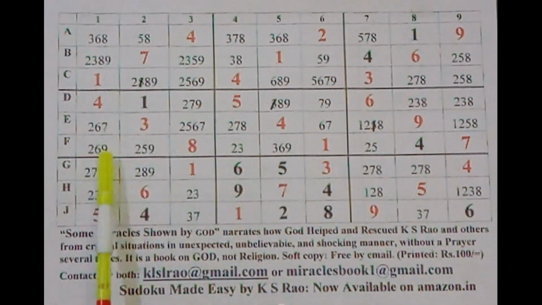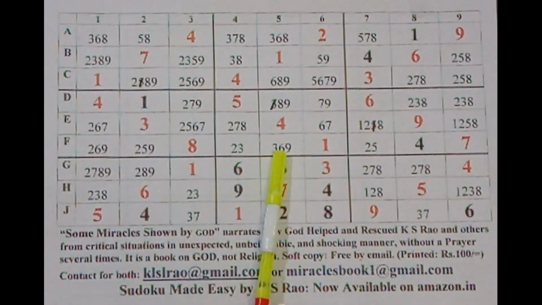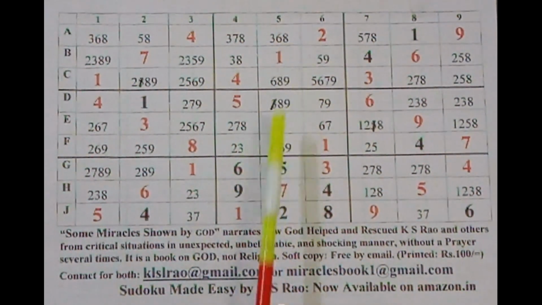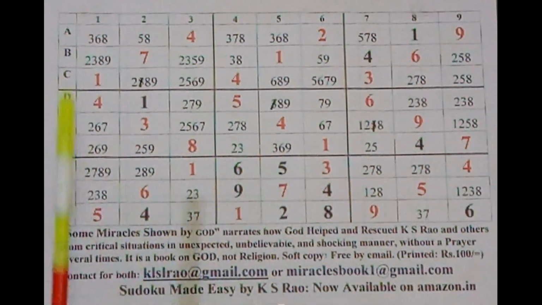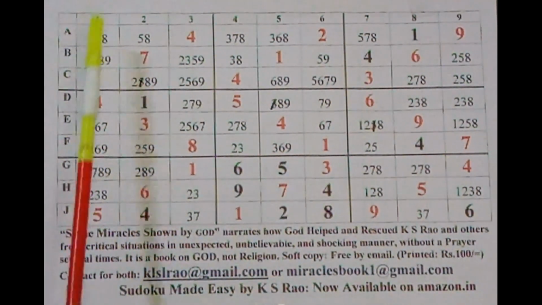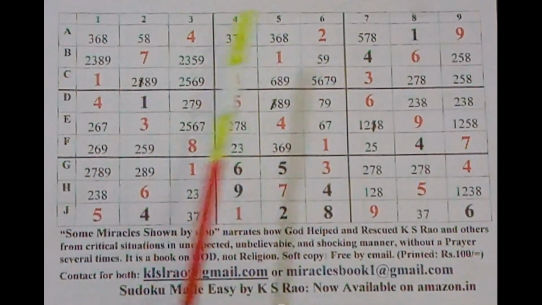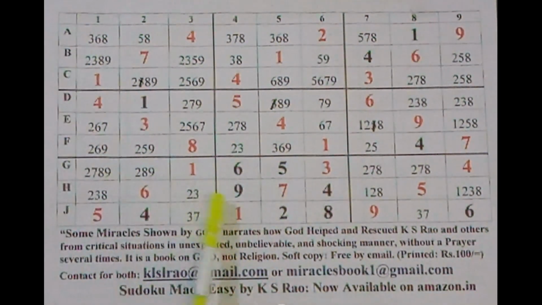A1, A5, F1, F5. There is one more number common in these 4 cells. See, this is number 6 is common in 1, 2, 3, 4 cells.